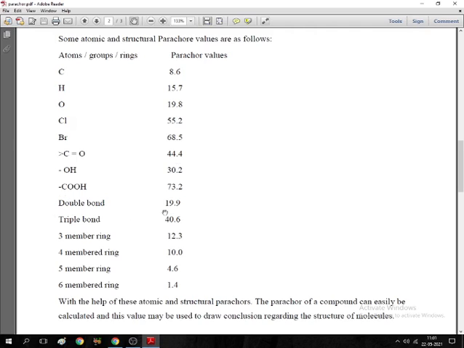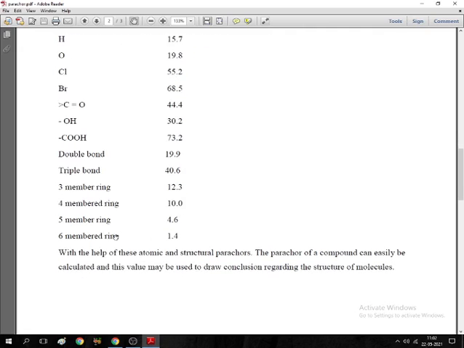When there is a double bond, its value is 19.9. Triple bond 40.4. 3-membered ring 12.3. 4-membered ring 10. 5-membered ring 4.6. 6-membered ring is 1.4. Now these are some atomic, structural and bond Parachor values.